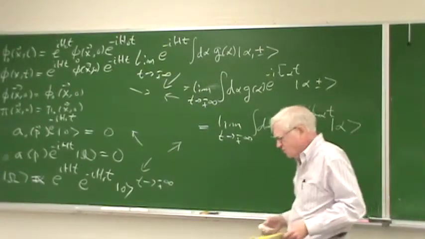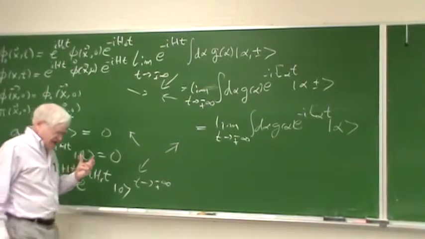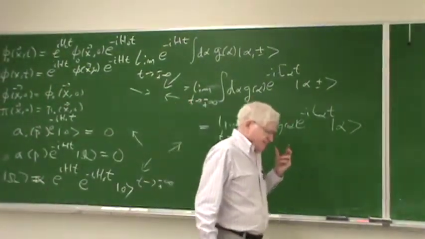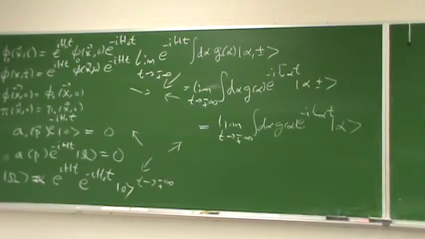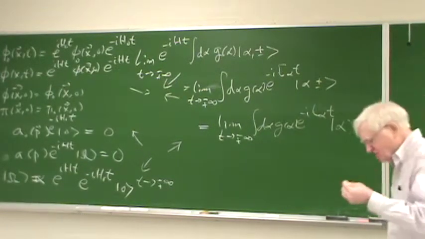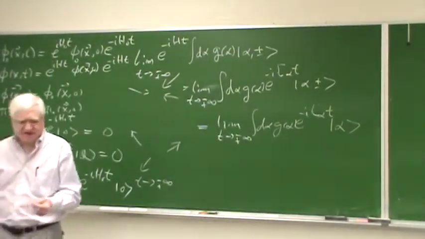And what we do here is we arrange that the single particle eigenstates of the free theory have the same energies as the single particle eigenstates of the interacting theory.